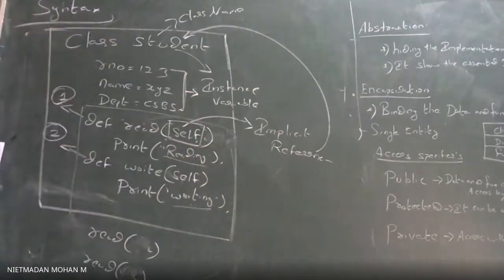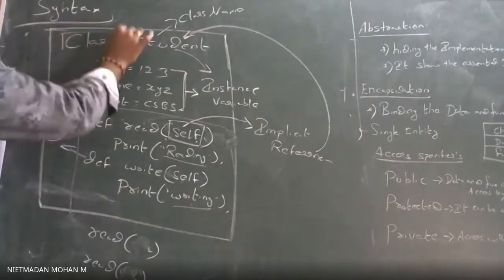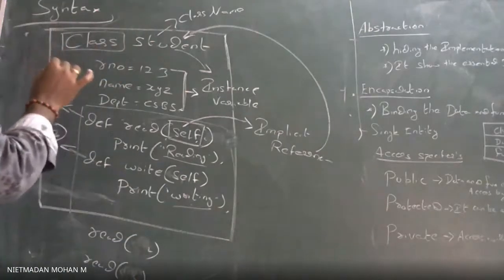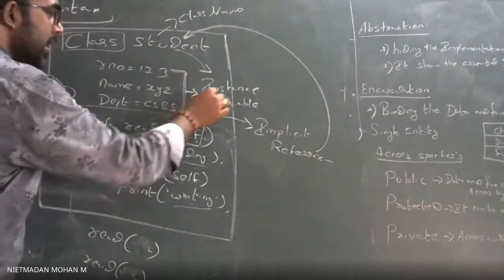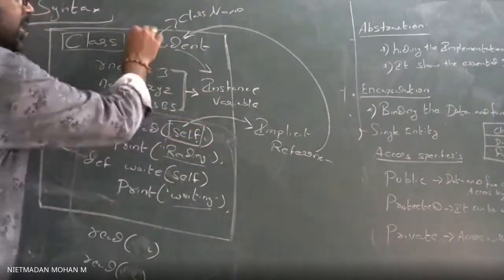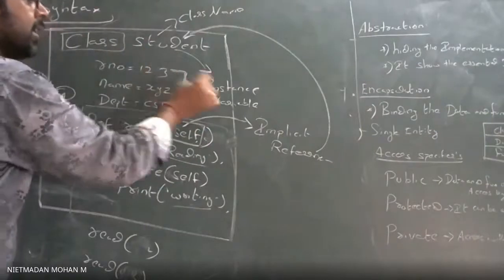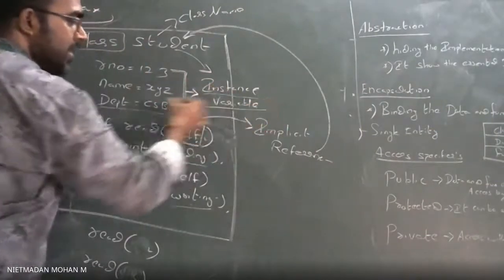Yes? Yes, sir. So mainly three things you want to look after today. First, you go with the class name with the keyword called class. Second, if you are not describing variables inside the function but you are describing variables inside the class, that variable is known as an instance variable.